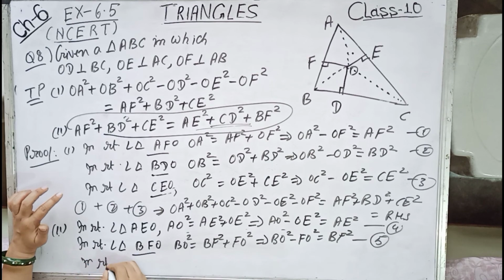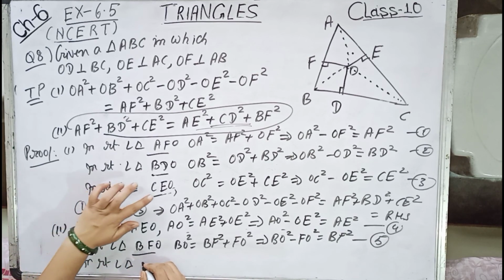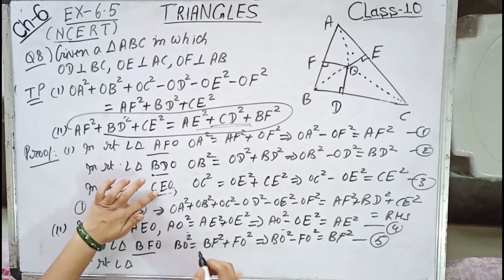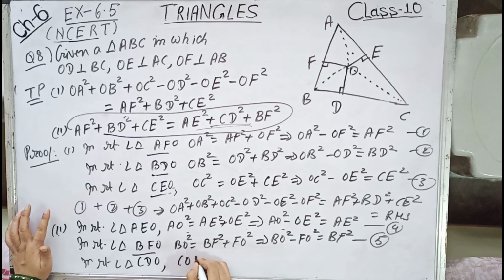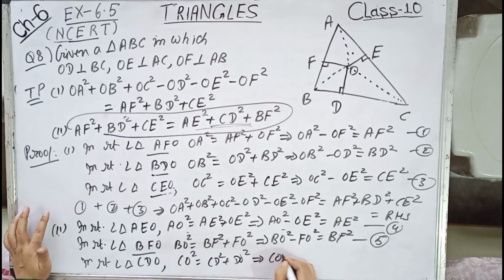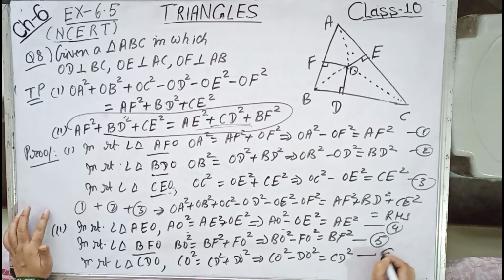Again, in right angle triangle CDO, CO square equals to CD square plus DO square. This implies CO square minus DO square equals to CD square. Make it number 6. Now add 4, 5 and 6.